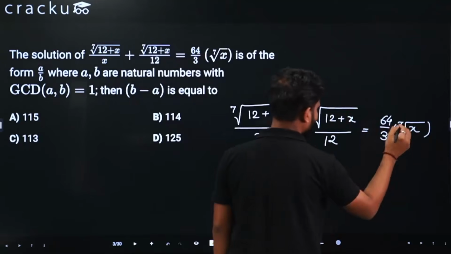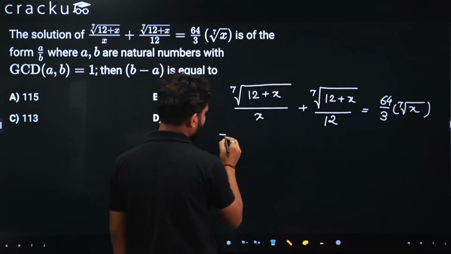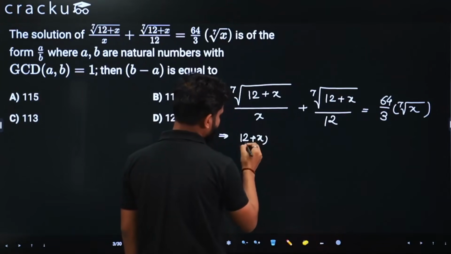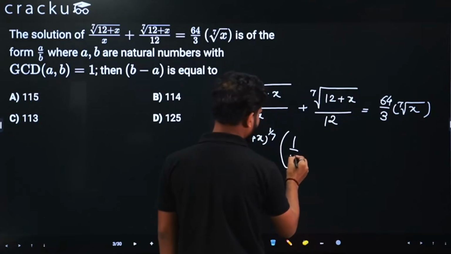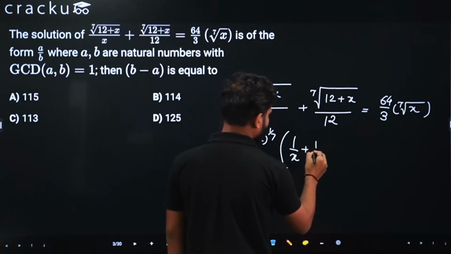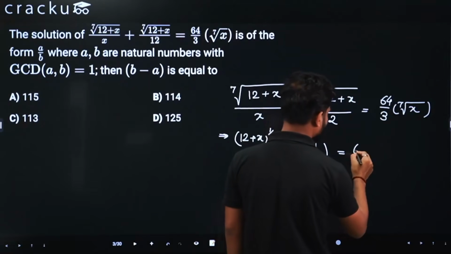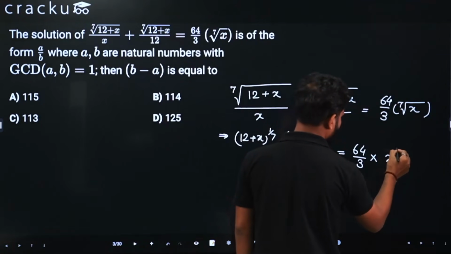Right? So can I take the 7th root of 12 plus x common? Yes, I can take. So I will write 7th root as 12 plus x raised to 1 by 7. And here I get what? Here I get 1 by x plus 1 by 12 is equal to 64 by 3 into x raised to 1 by 7.